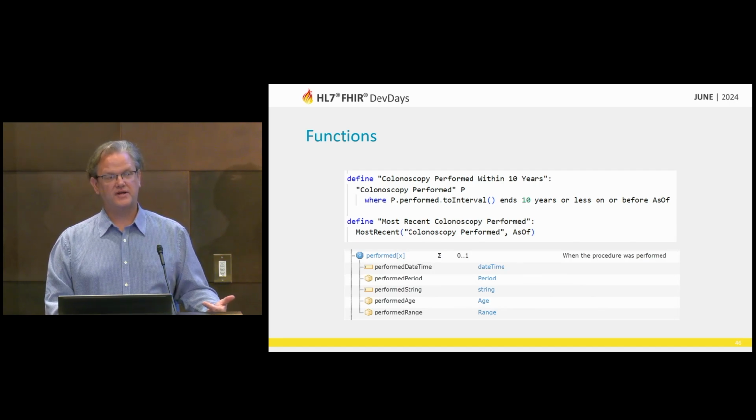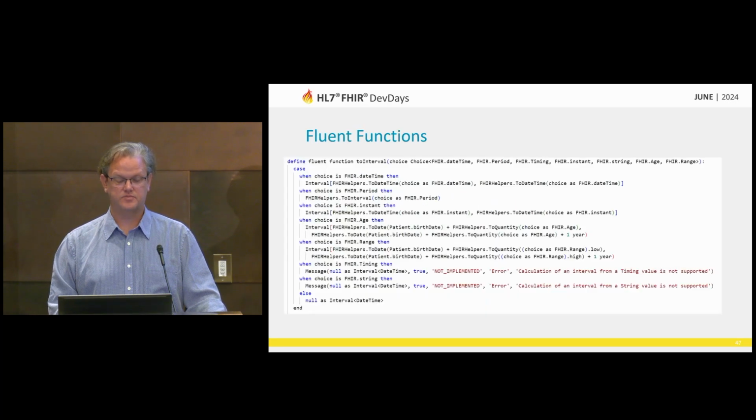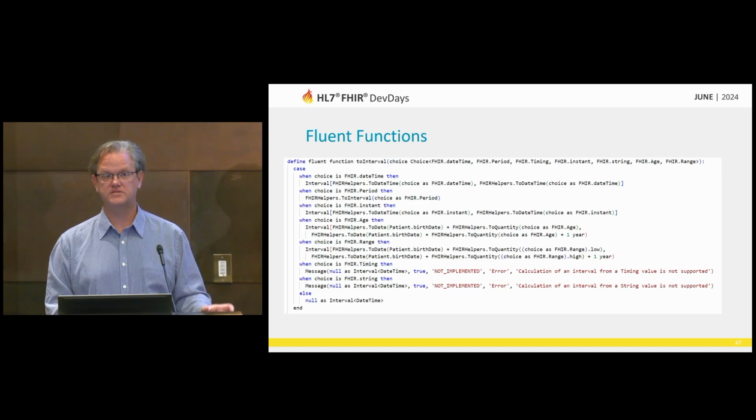Part of that is profiling, where you might have a profile that limits the set of possible representations there. But in general, you need to account for all the possible representations that are coming in. So CQL has a case statement and a choice type. Those elements in CQL are represented as choice types.